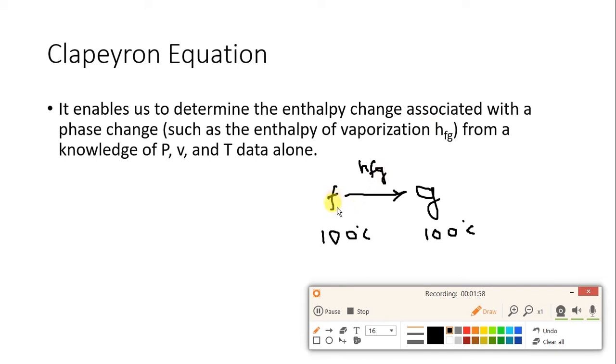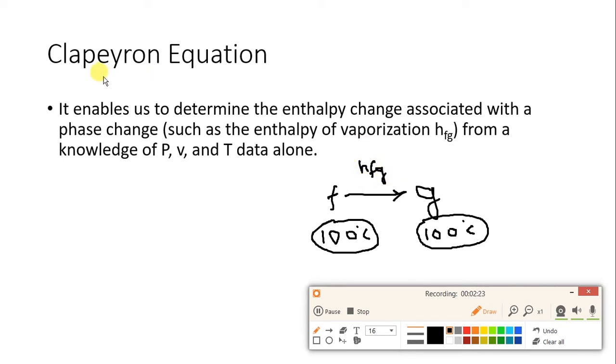So to convert 100 degrees Celsius water at atmospheric pressure, pressure is very important, to vapor, which is also at atmospheric pressure but at the same temperature, 100 degrees Celsius, what do we add? We add the enthalpy of vaporization, denoted by hfg.